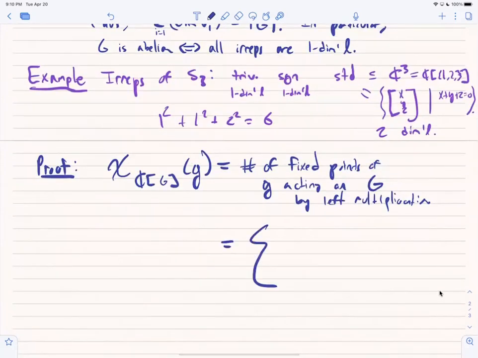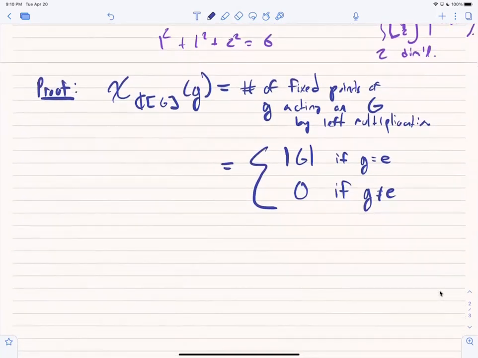That's everything if g is the identity, and otherwise it's nothing. There are no fixed points if g is not the identity element, because g sends every group element to g times that group element, and by cancellation that's not the same element anymore. Good, so this is the character of the regular representation.